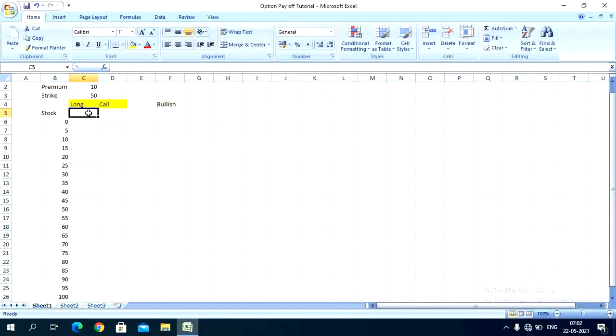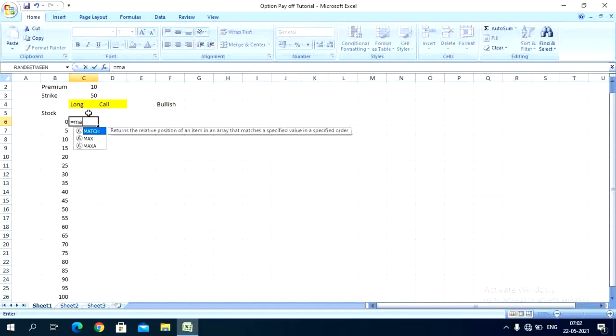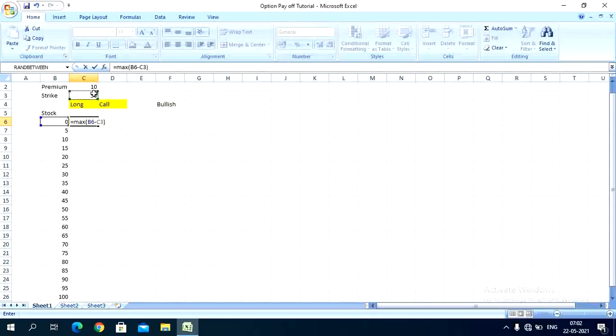Okay, so here I can take the formula like maximum of stock price minus strike price.